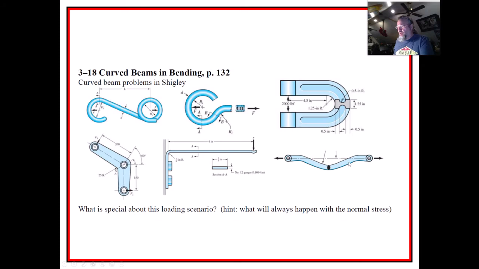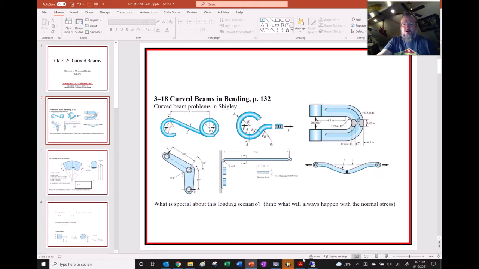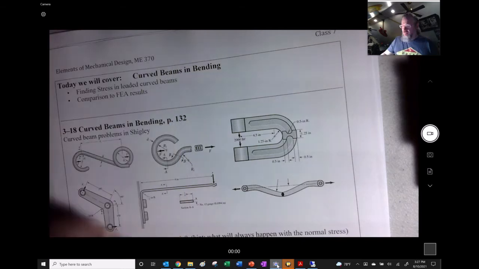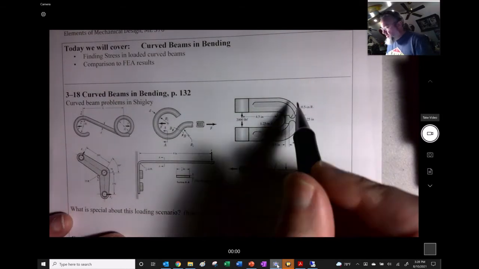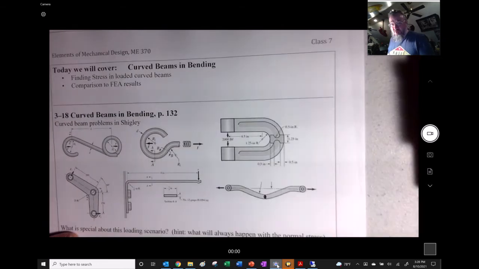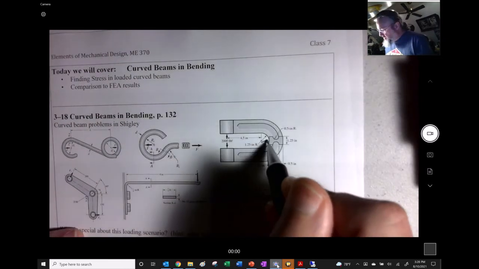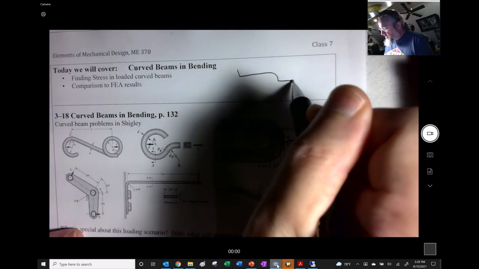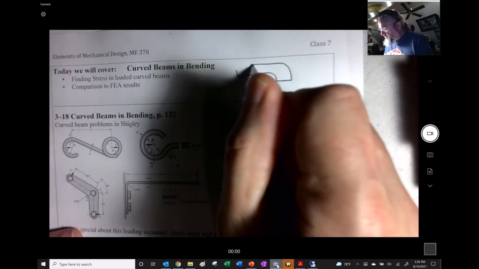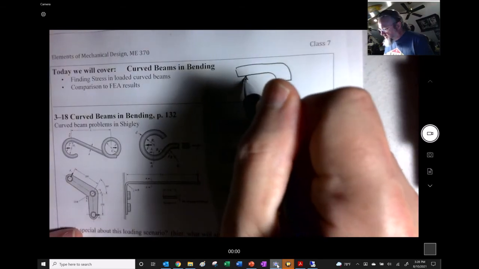So maybe I ought to prove that to you by taking a little free body diagram of one of these things, right? To just draw it like so. Let's do this guy right here. We'll use this little space that's up above, and we'll make a little cut right here. And what we're left with is a force right there.